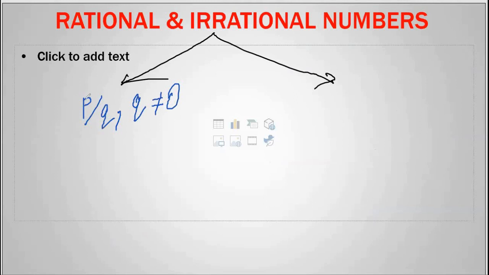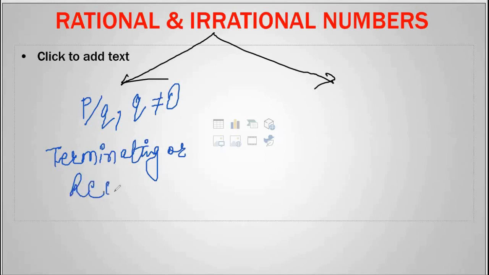So whenever you get a rational number, it will be of two types. Either it will be terminating, or it will be recurring. So these numbers are called rational numbers.